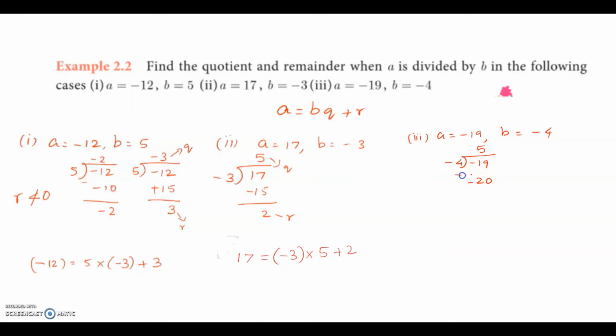So minus and minus will become plus here. So 20 minus 19 is 1. So our R is 1 and our Q is 5. So let's write this expression in the A, B, Q, R form. Minus 19 is equal to minus 4 times 5 plus 1.